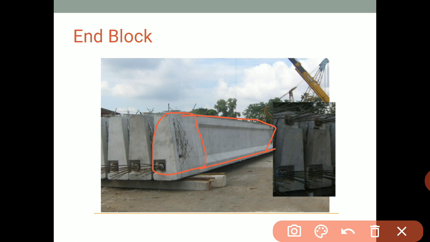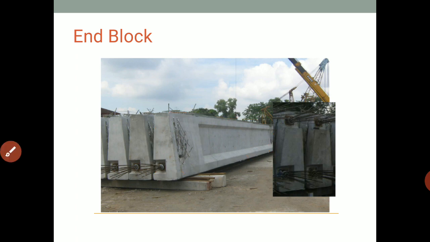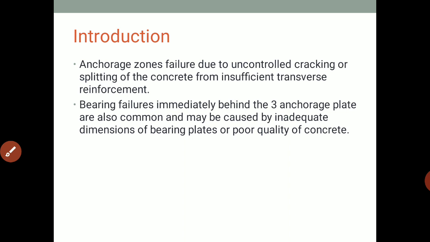We cannot repair the particular part; we have to repair the entire member, which is very expensive and very time consuming. Once we put that particular beam or girder in place, it is very difficult to take it back, repair it and put it back again. So we have to take care of that particular anchorage zone.